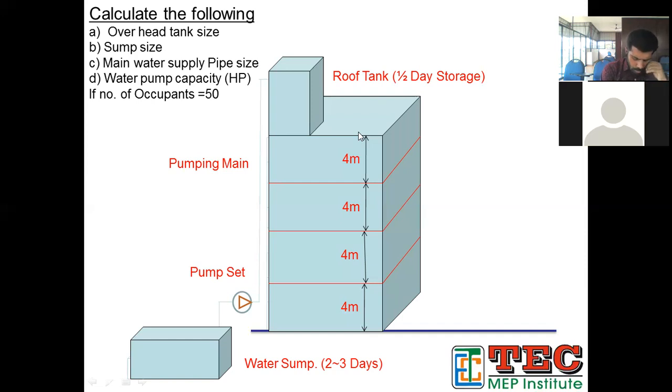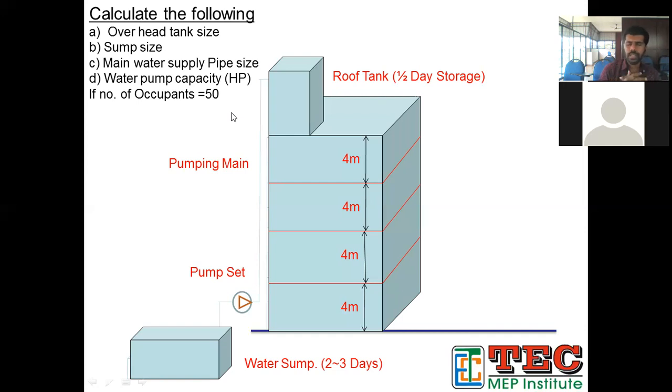Okay. So first is the given values. Here the number of occupants is being given. This number of occupants is very important because depending upon the number of occupants only, we need the water demand. The demand increases with the number of occupants.